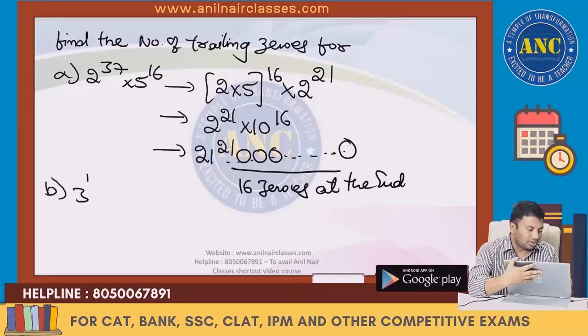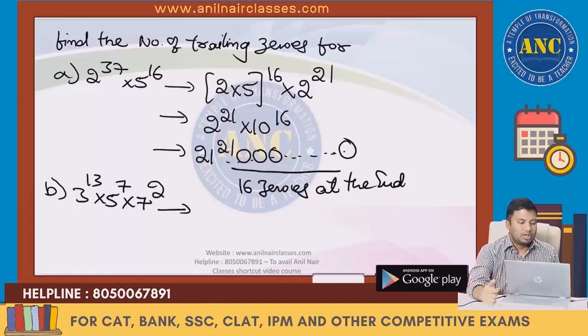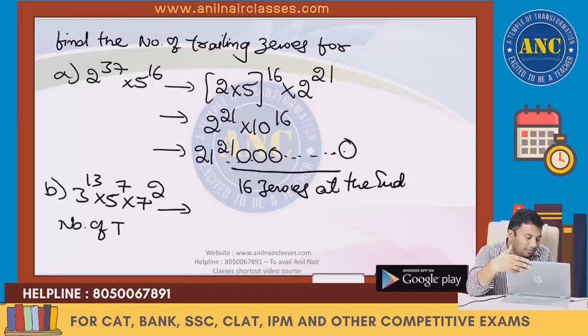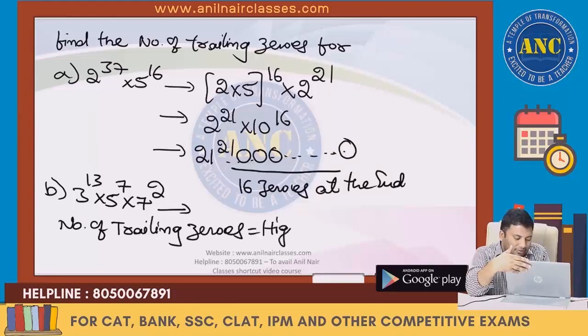Another question: 3 power 13 into 5 power 7 into 7 power 2. Number of trailing zeros is nothing but the highest power of 10 power k.